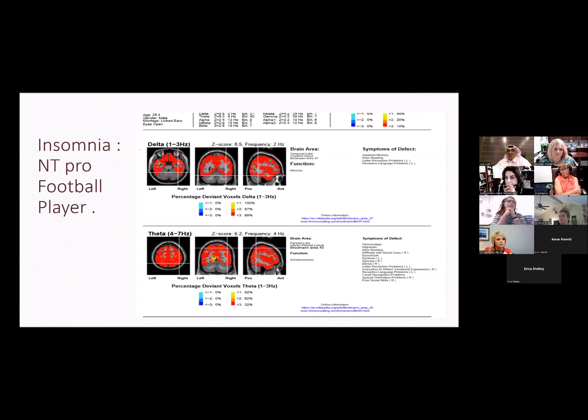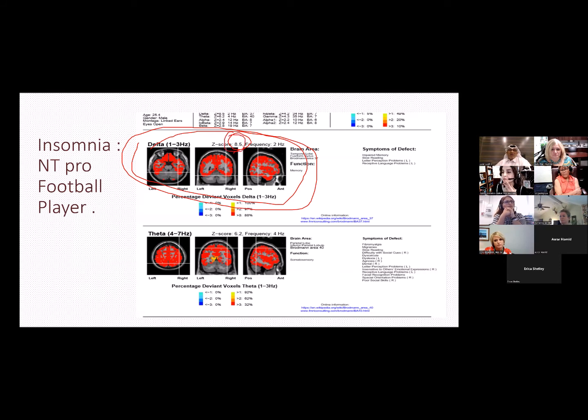Sometimes I work with national team players. This is a national team player who was referred to me as a football player, and we can see here the subcortical level, the sLORETA. The standard deviation in the delta is 8.5 standard deviations. This is not a normal number.